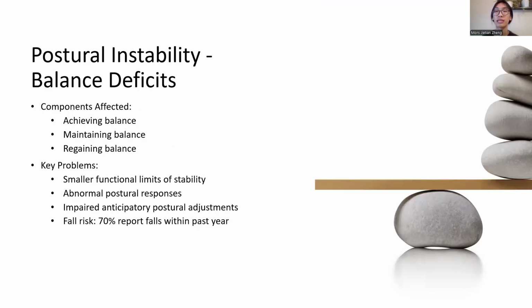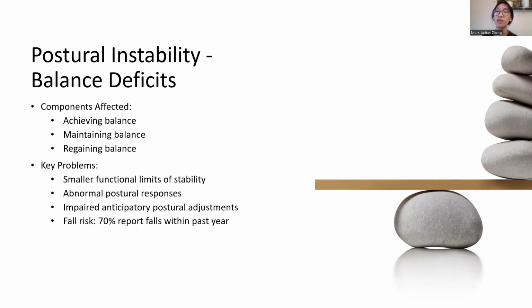Postural instability represents impairments in all three components of balance control. First, achieving balance. Patients have difficulty getting into stable positions. Second, maintaining balance. They show increased postural sway and have smaller functional limits of stability compared to healthy adults of the same age, with particular difficulty maintaining backward position.